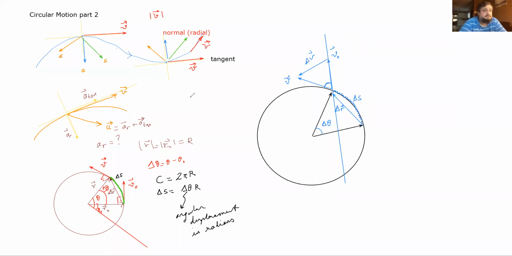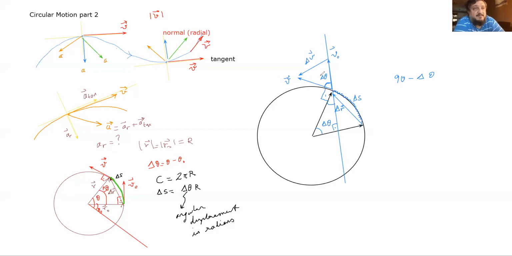So this is 90 degrees, which makes this angle here 90 minus delta theta. But I know this is also 90. So 90 minus delta theta plus 90 plus this angle that I'm looking for should add up to 180. So if you solve it for this, you'll find delta theta.